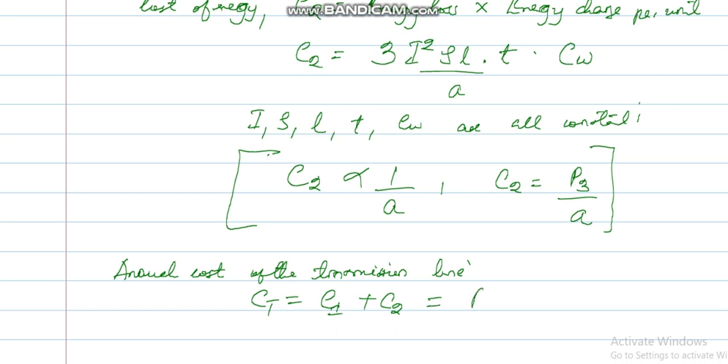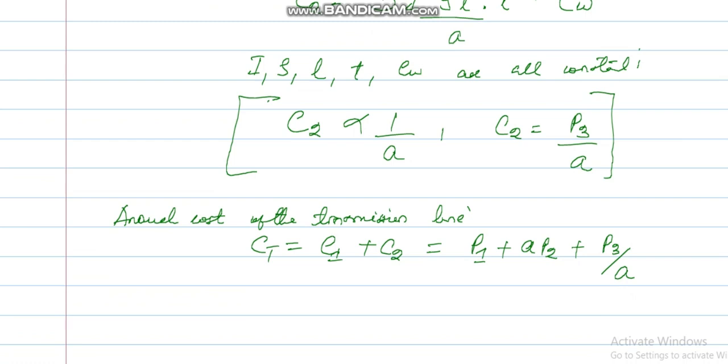Kwa hiyo itakuwa sasa C1 tunaona ni P1 plus A P2, plus P3 divided by A. Sawa. Tunasema kwamba C total ni P1 plus A P2 plus P3 divided by A. Sawa. This is equation number 3. Okay? Sawa. Hiyo ndo total annual cost of the transmission line. Sawa.